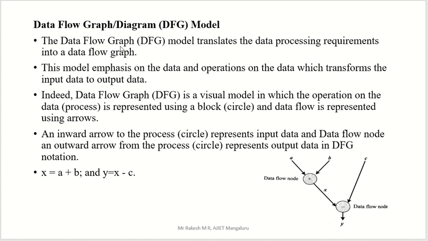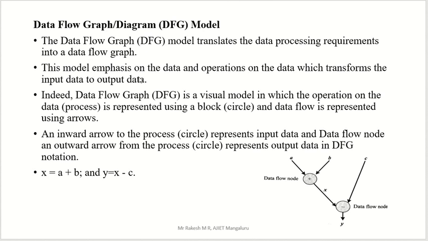The data flow graph or DFG model translates the data processing requirements into a data flow graph. We use this model to convert data processing requirements into a graph, so that is called a data flow graph.